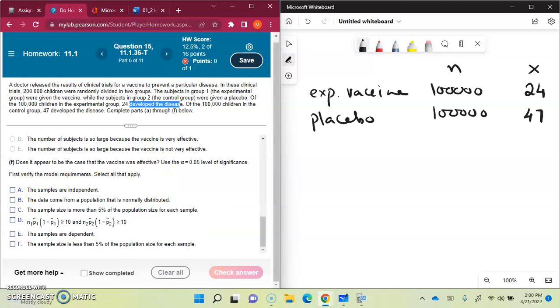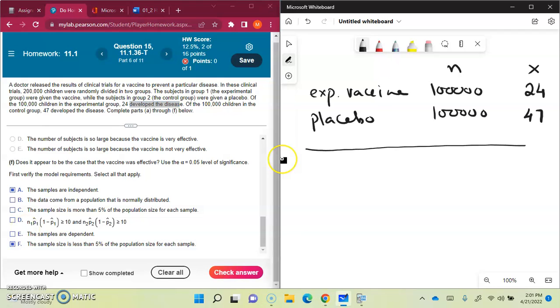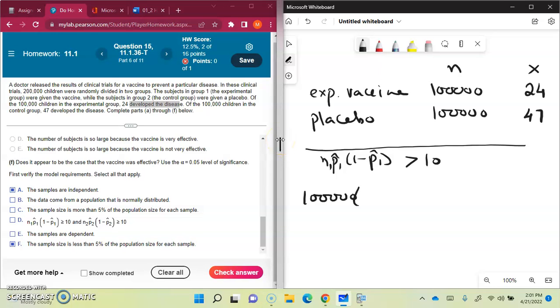Okay, what are the conditions? The samples have to be independent. Yes. Then the sample size is less than 5% of the population size, and this condition also we need to check: n1 times p1 cap times 1 minus p1 cap is more than 10, and n1 is 100,000. P1 cap is how much? For P1 cap, you need to calculate first.